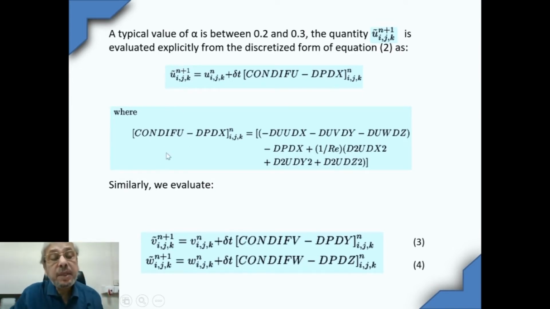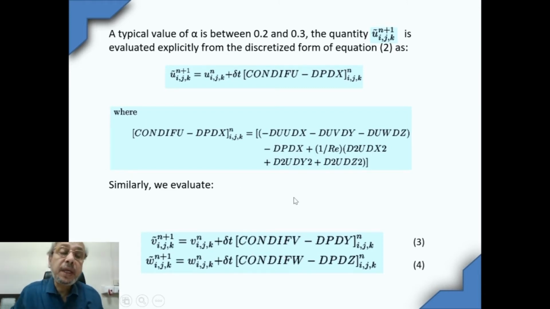In a similar way, we can calculate v_ijk at a level n plus 1, but provisional. So we have the provisionally advanced v velocity and the provisionally advanced w velocity, with corresponding convective diffusive terms and pressure gradients.